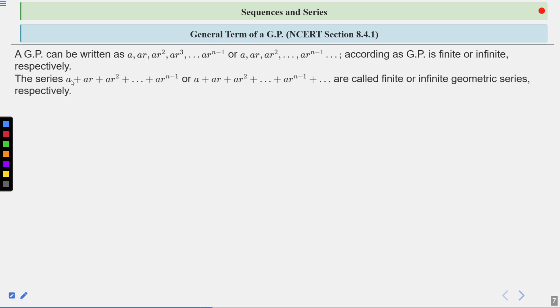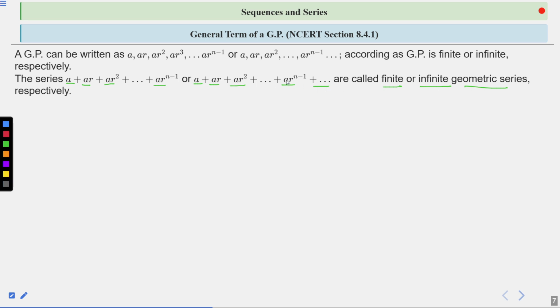Now, their corresponding series is simply represented by A plus AR plus AR square till AR raised to n minus 1. This is your finite geometric series, and A plus AR plus AR square and so on, and this is the infinite geometric series.